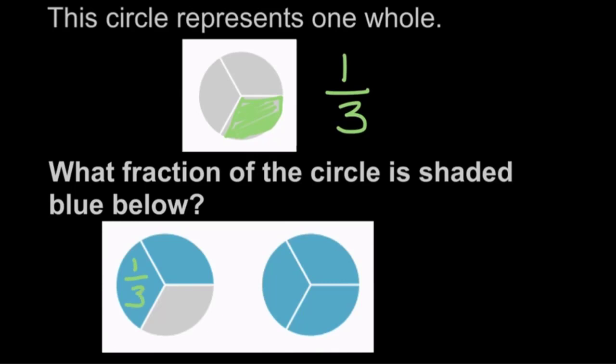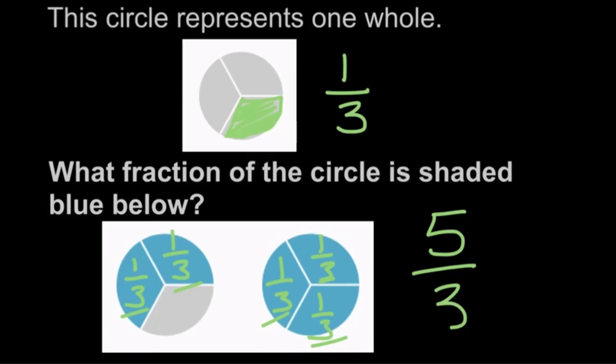Here's 1/3, another 1/3, another 1/3 shaded in blue, another one, and another one. So we have 1, 2, 3, 4, 5 thirds. We have 5 thirds shaded in blue below.